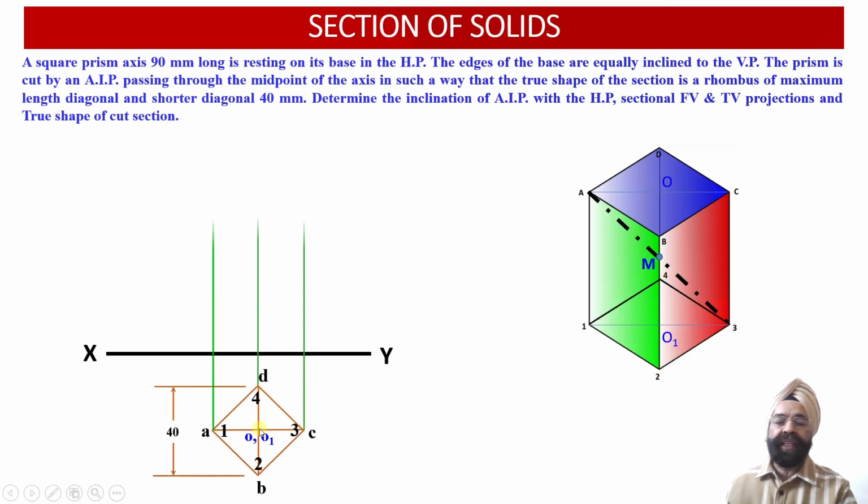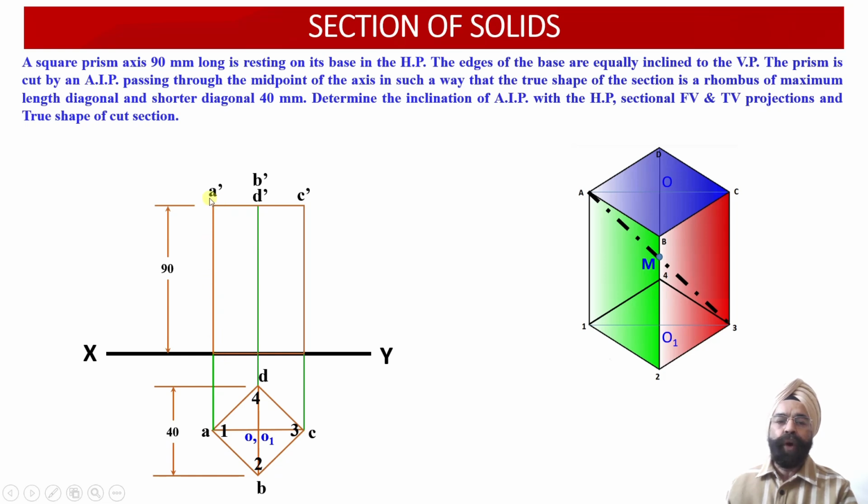Now having obtained the axis points and the projections corresponding to the top and the bottom face of the square prism, let us now obtain the front view projections of the square prism. Since we know that the height of the axis is available with us as 90 millimeter, we have been able to obtain the front view projections of the square prism.